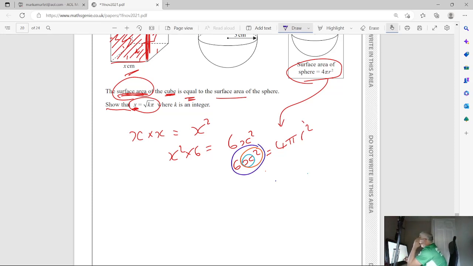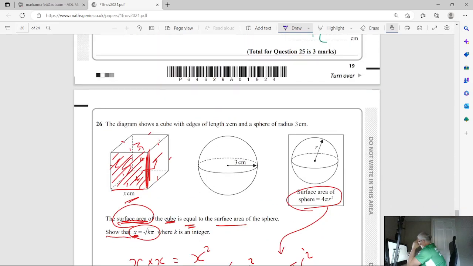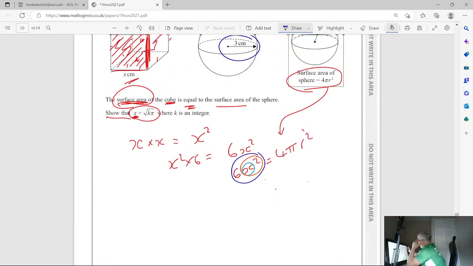So we're going to try and do that in reverse. Let's look at the information they give me in the question. They tell me that the radius is 3 centimeters. So let's solve the opposite side.